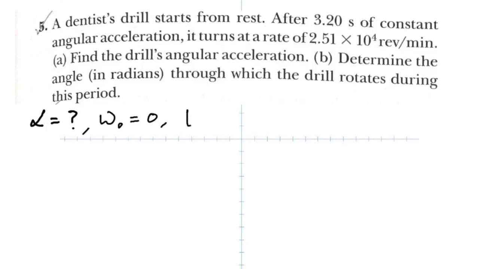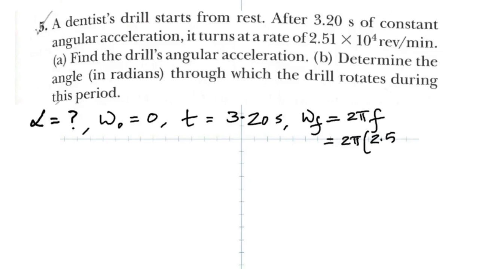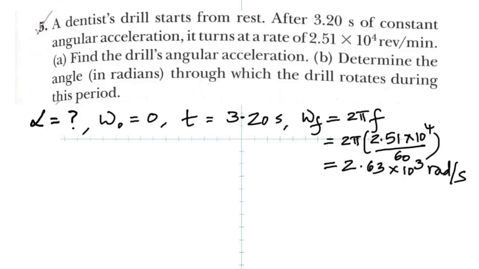So initial is 0, time is given, and the final angular velocity, like I explained, is 2 pi times the frequency, which means the number of rotations per second, which is that divided by 60. So when you do all that, you get 2.63 times 10 to the 3 radians per second.